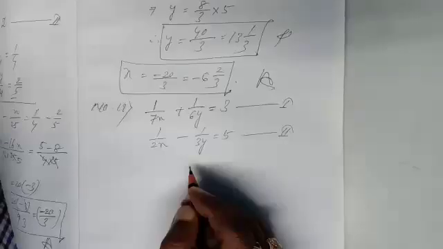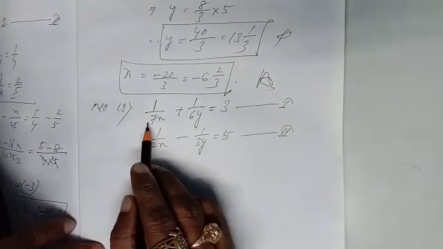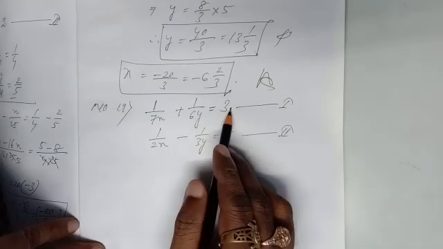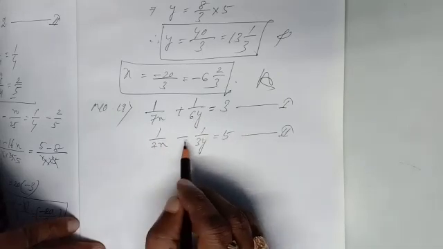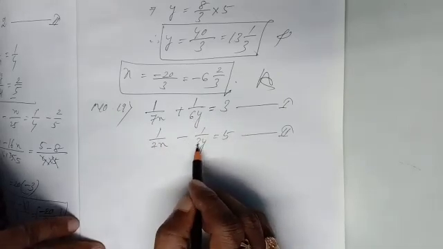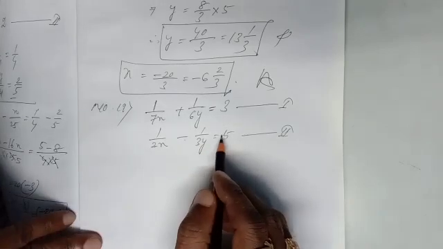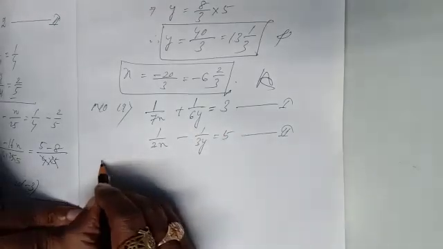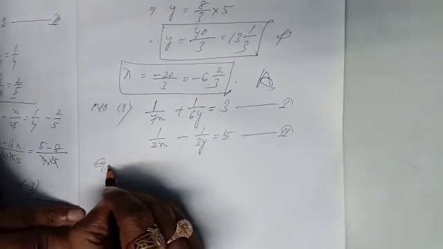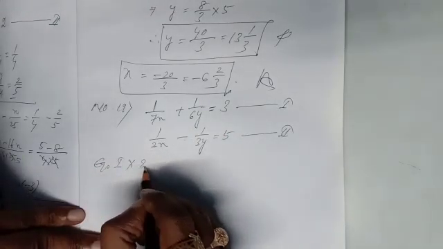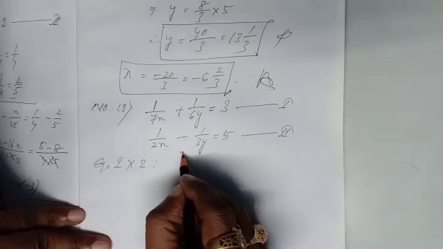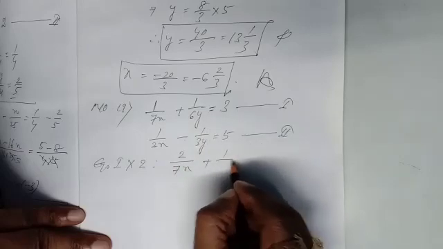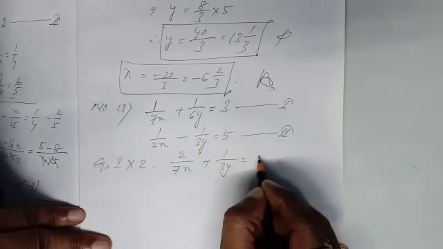Just see question number 19. It is given 1 by 7x plus 1 by 6y equal to 3. The second equation is 1 by 2x minus 1 by 3y is equal to 5. Do one thing here: apply the elimination method. To make y equal, multiply equation 1 by 2. If I multiply by 2, what will you get? 2 by 7x plus 1 by 3y, equal to 6.